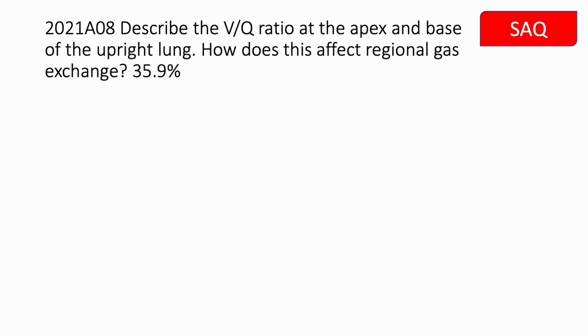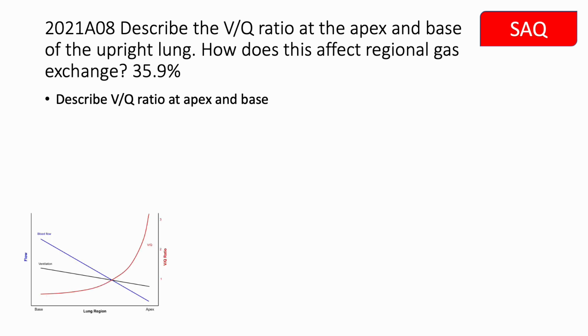Armed with this knowledge, answering this question becomes very straightforward. The first part of the question asks us to describe the VQ ratio at the apex versus the base. So we would start by saying that the VQ ratio is high at the apex and lower at the base, ideally quoting some reasonable numbers, and draw this diagram to illustrate why this occurs.